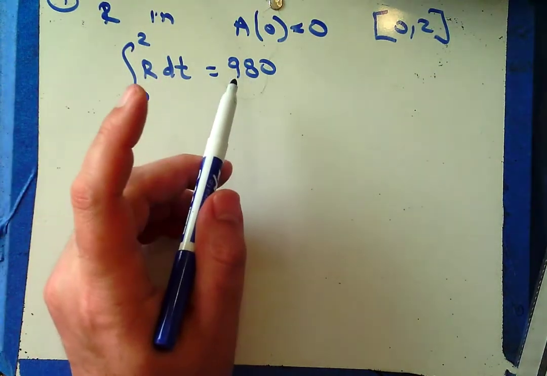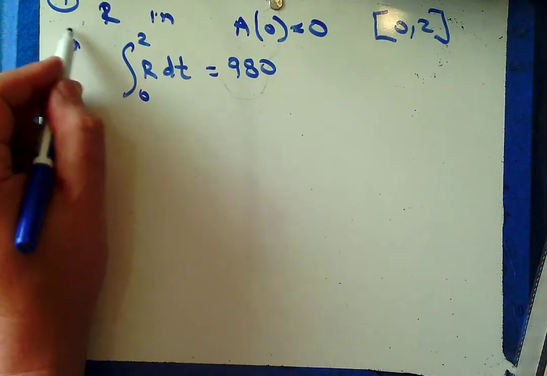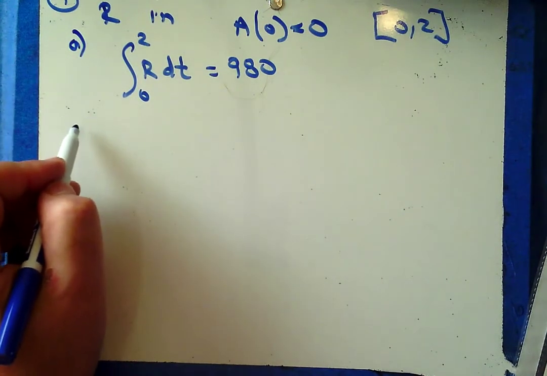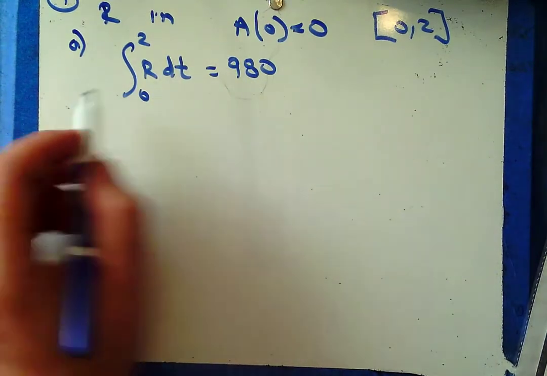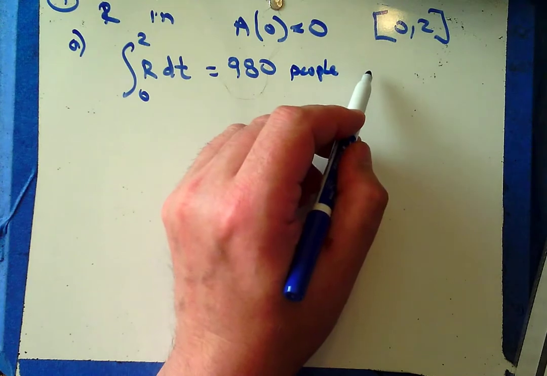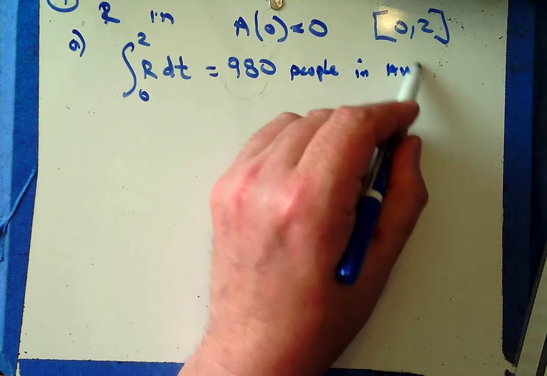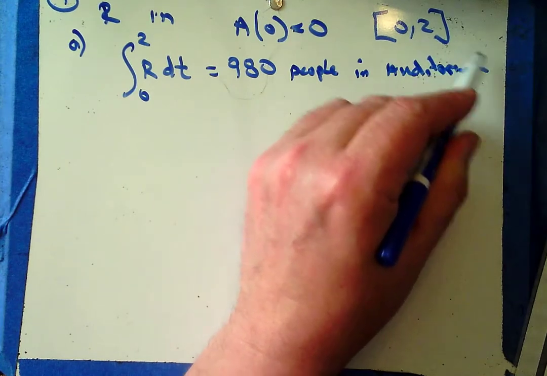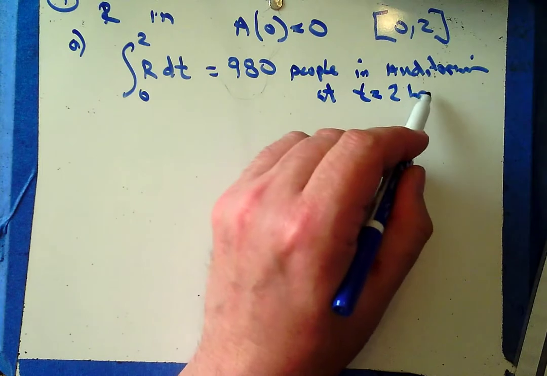I'm not going to take the time to show that calculation. That was in the last video that didn't get recorded. Instead, I'm going to assume that you can type this integral into your calculator and get 980 people in line in the auditorium at t equals 2 hours.